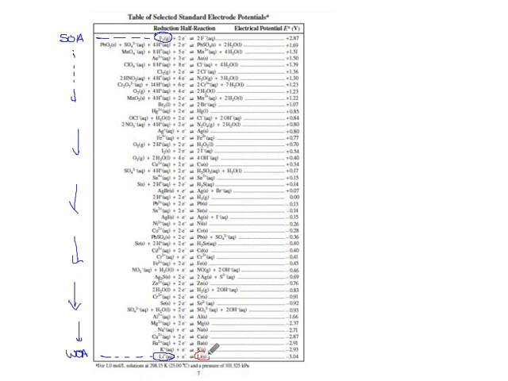So lithium metal here in the bottom right is the strongest reducing agent. It's very good at reducing other things. And then reducers get weaker as you read your way up the table, until finally we get to the weakest reducing agent, which is fluoride ions.